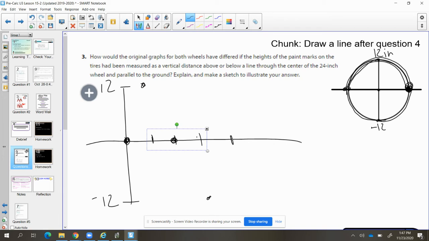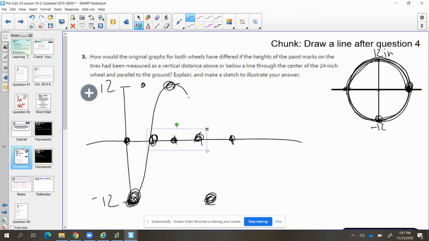And then by second 4, we're back to 0. So our graph instead would be here, starting on the ground now, here, up here, up here. So we're counting that as negative 12 as our starting on this wheel.